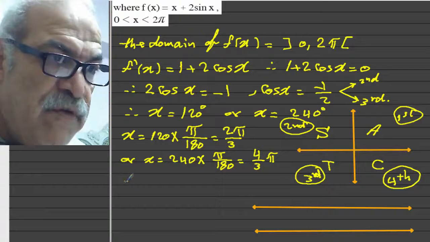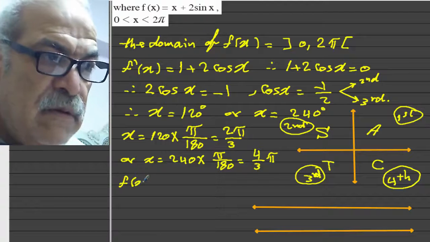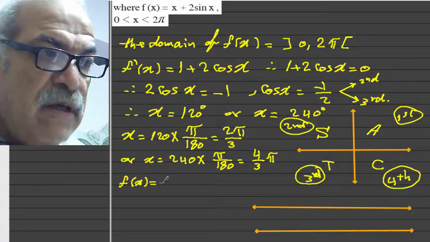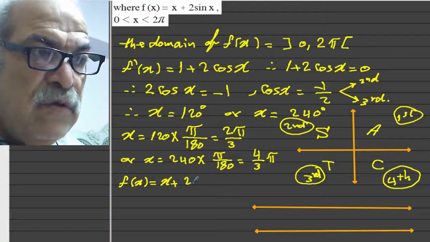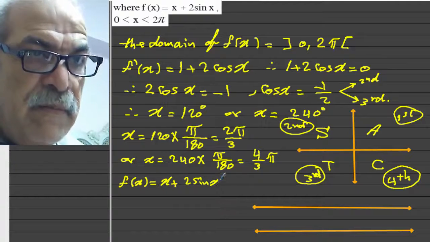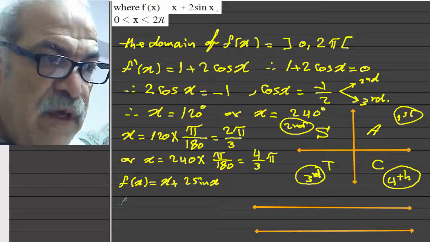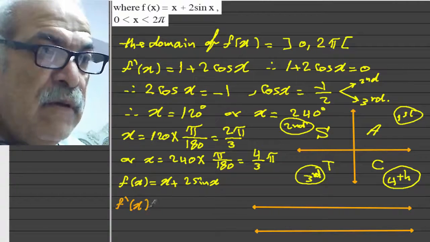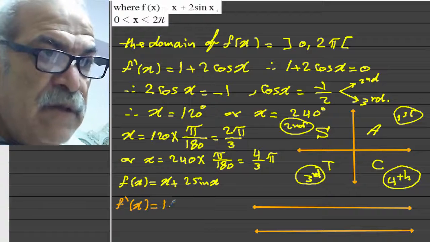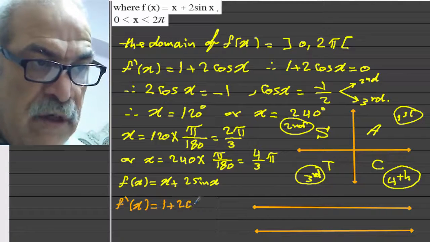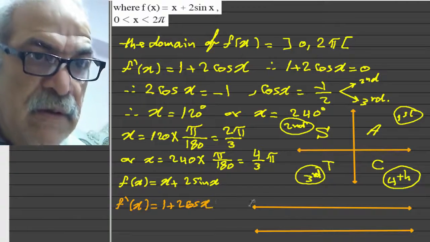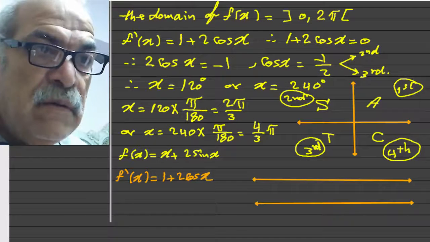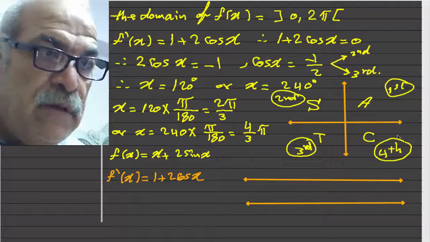We have f of x equals x plus 2 sine x, and we have f dash of x equals 1 plus 2 cosine x, and we complete the table.